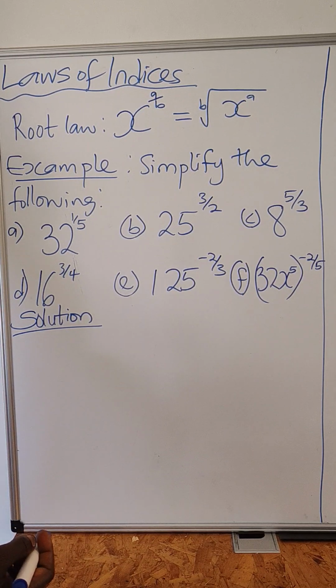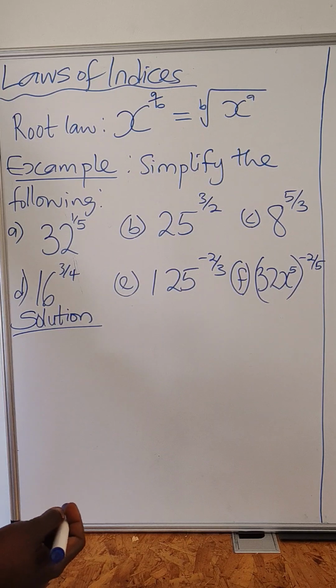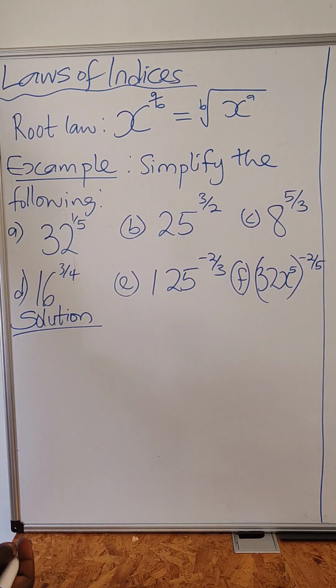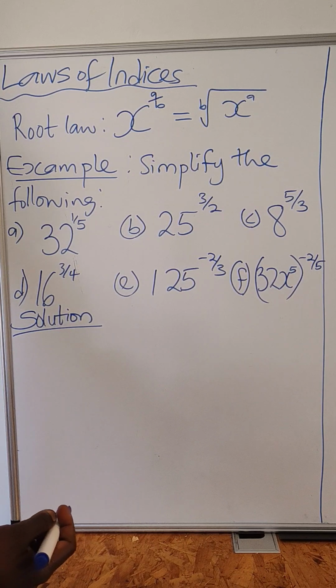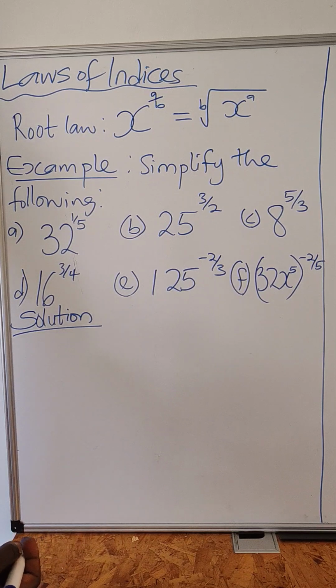So the examples on the board: the first one is 32 raised to power 1 over 5. The second one, 25 raised to power 3 over 2. The third one, 8 raised to power 5 over 3. The fourth one, 16 raised to power 3 divided by 4.